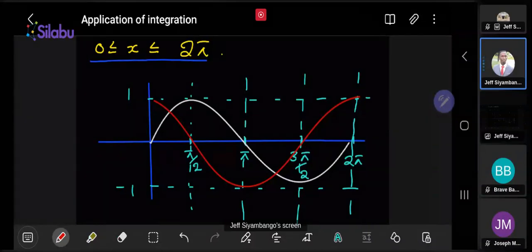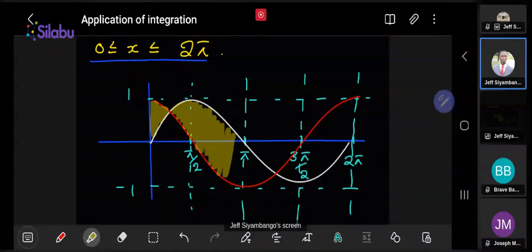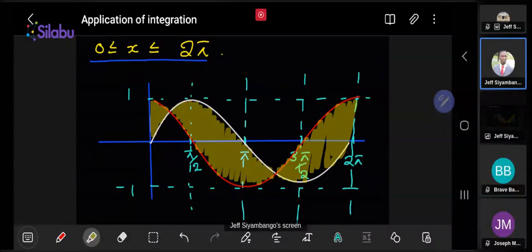Now, if you wanted to just find areas somewhere between these two graphs, you'd start with here, and then you'd also look for this area here. This is also between the two graphs. And then you'd also perhaps talk about this one here, up to somewhere here, because the range that we're given is up to 2 pi.